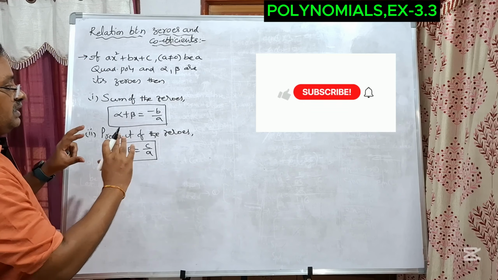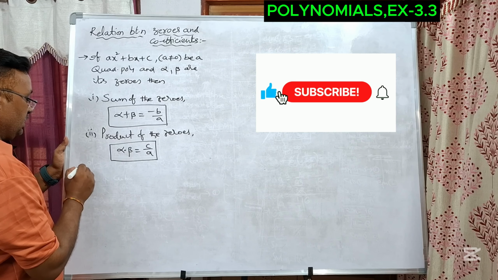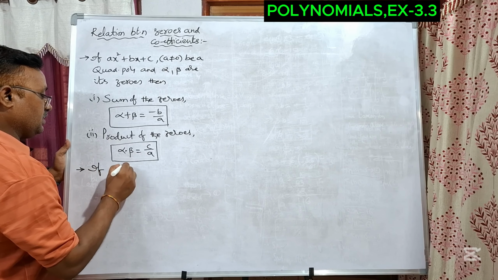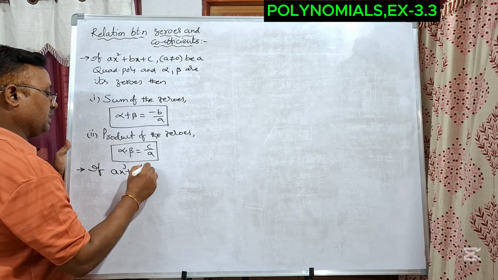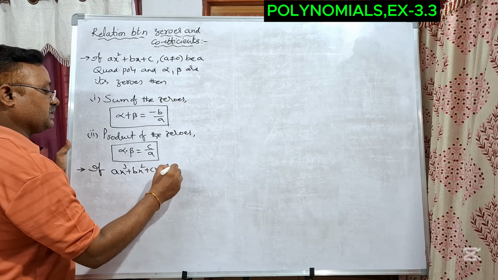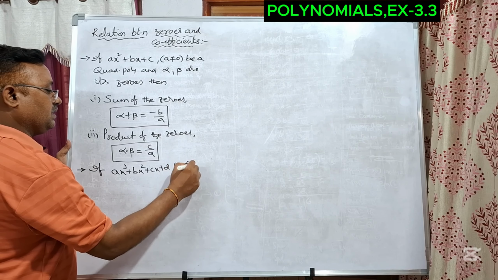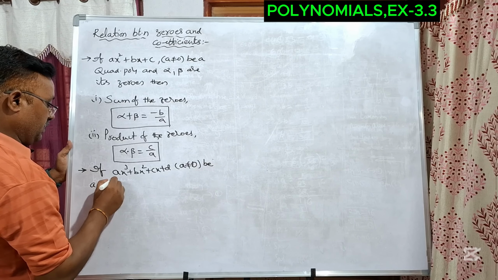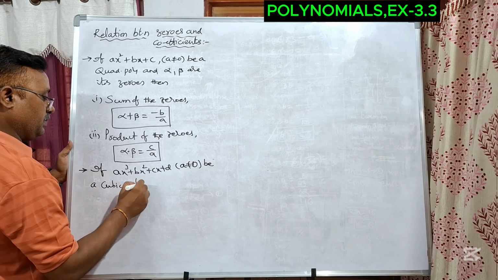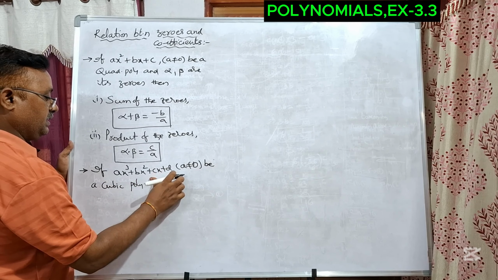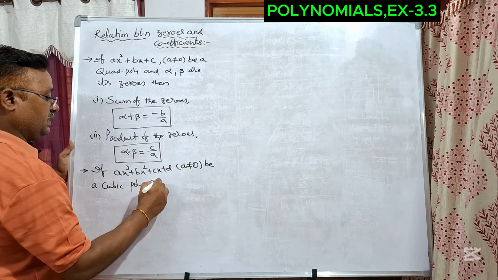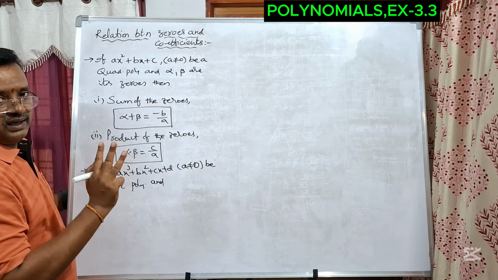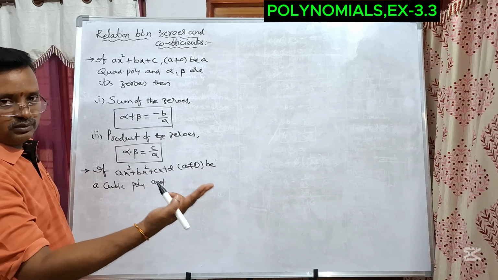Is it clear? In the same way, let us take the next level polynomial, that is if ax cube plus bx square plus cx plus d, at a not equal to 0, is a cubic polynomial, and since it is a cubic polynomial with degree 3, it may have 3 distinct roots.